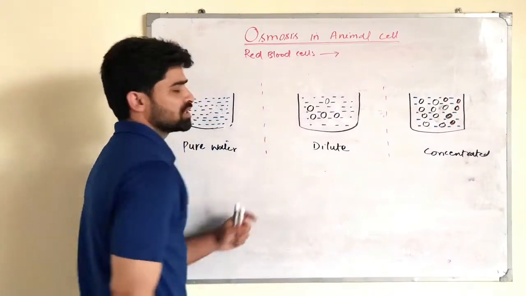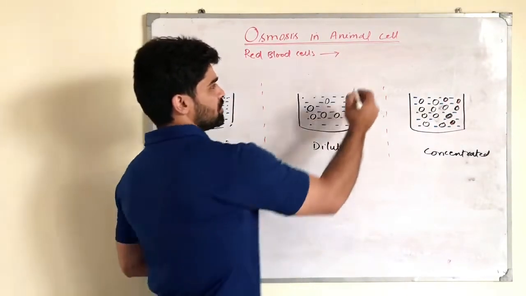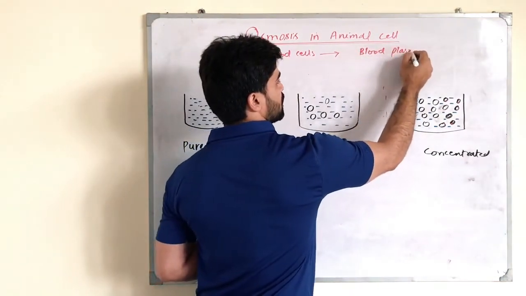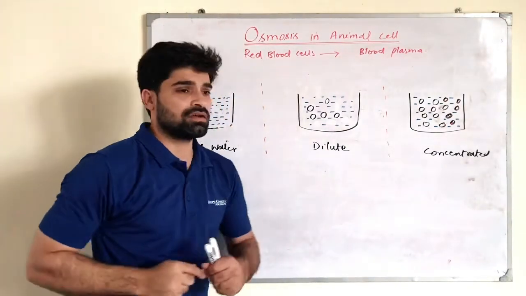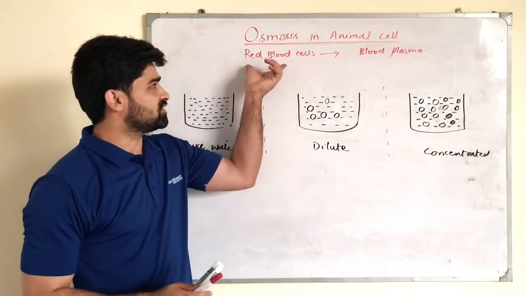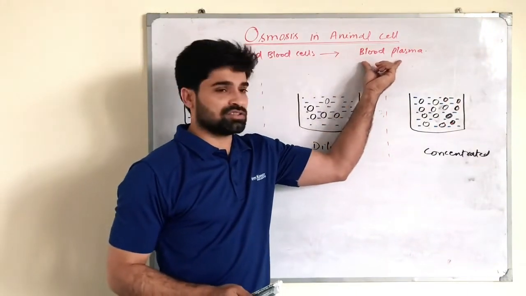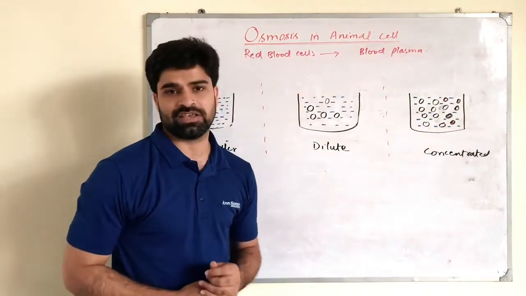Dear students, red blood cells in our body are surrounded by the blood plasma. In the red blood cells and in the blood plasma, the water potential is the same.